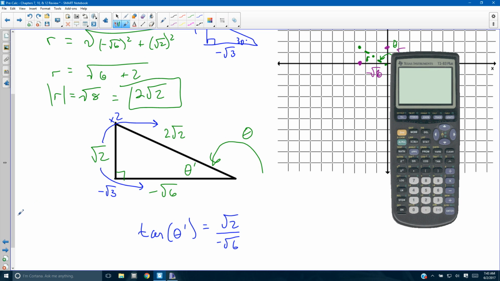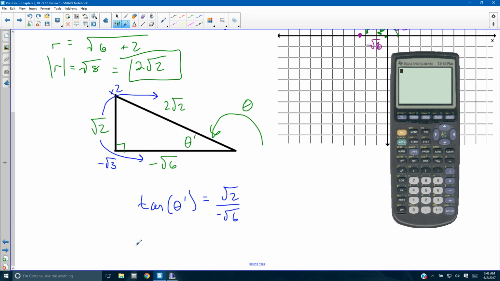Now again, you could probably still find this out without a calculator, because tangent of theta prime is negative root 2 over 6, so negative root 1 over 3 or negative root 3 over 3. You might know that stuff as well. But anyway, I'll use the top two right there.